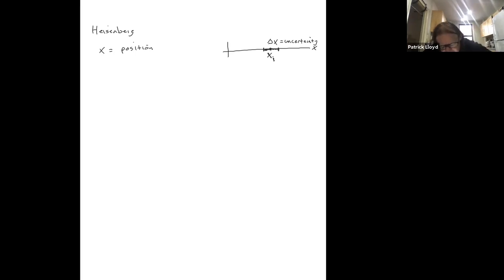Now, imagine that it's moving, right? This particle, not only does it have a position and uncertainty in position, it's actually moving with a velocity, okay? So essentially, you have the same thing. You can say, hey, there's an initial velocity, but there's also an uncertainty in the velocity, delta V. So imagine it this way.